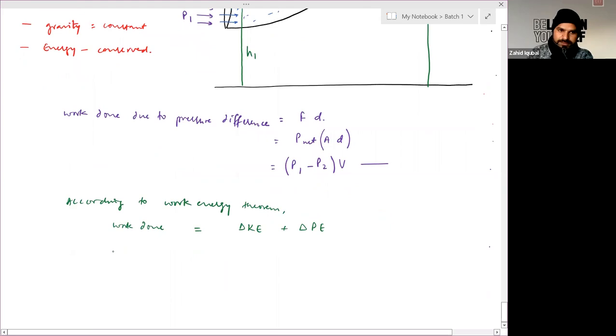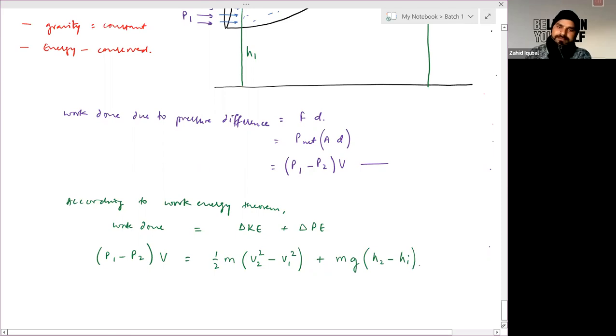Now, work done is (P1 minus P2) multiplied by volume. Change in kinetic energy is half m (V2 squared minus V1 squared), plus change in potential energy, mg times final height minus initial height.